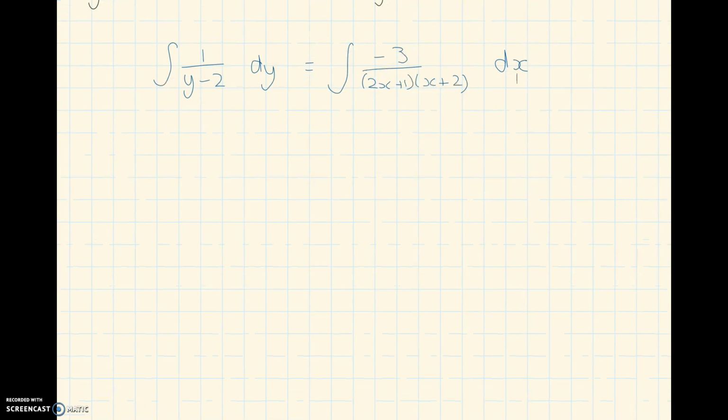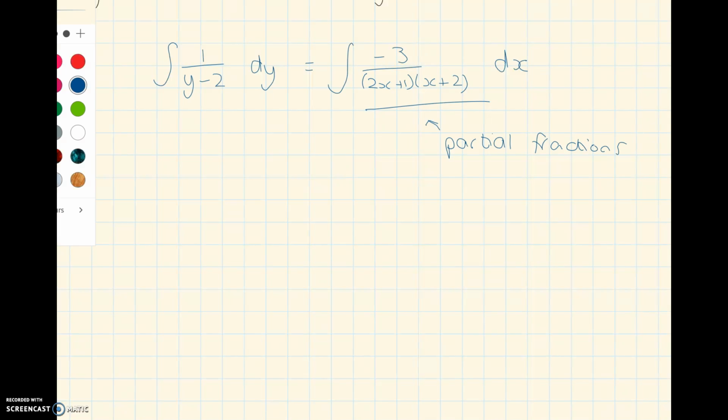I immediately notice that this side I can't integrate, but I can use partial fractions.